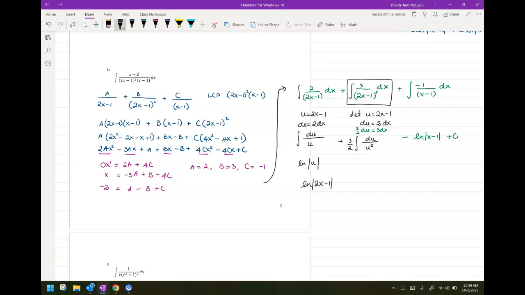And that becomes 3 over 2 times negative 1 times 1 over u, that is minus 3 over 2 times 2 times 1 over 2x minus 1. And the last integral is just negative ln of x minus 1 plus c.